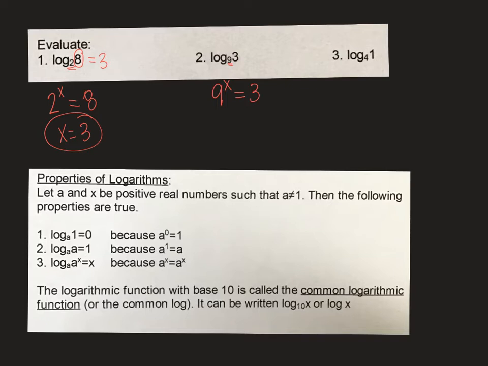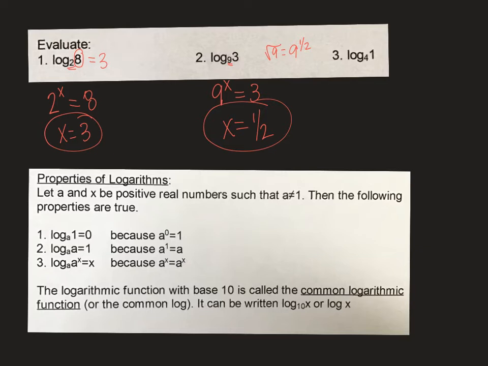So if we think about 9 and how we get to 3, well, the square root of 9 is 3. So we could write the square root of 9 as 9 to the 1/2 power, which means in this case, that logarithm is equal to 1/2.